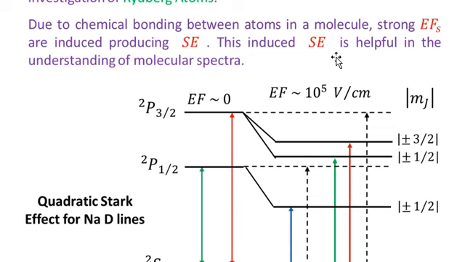So you see that here I am not talking about the applied electric field, but about the electric field which results from the chemical bonding between the atoms. This induced Stark effect is helpful in understanding molecular spectra. But I am not talking about the molecular spectra now; I am constraining myself to the atomic spectra under the application of the applied electric field.